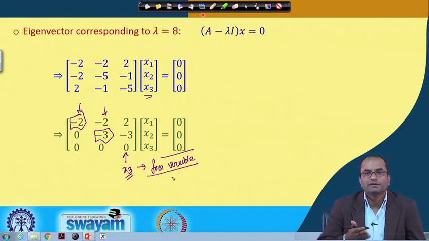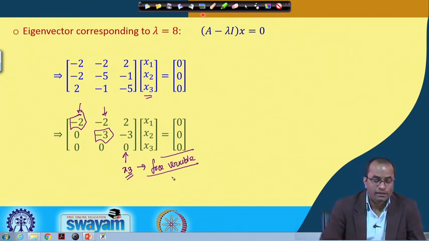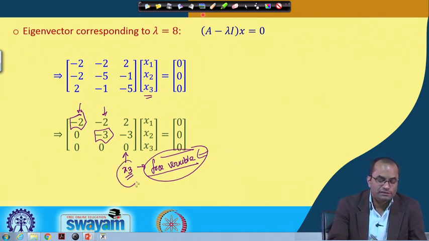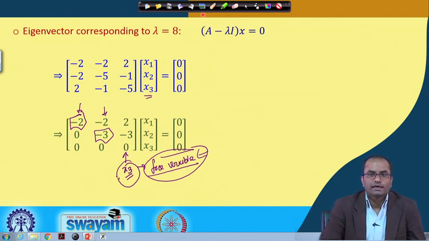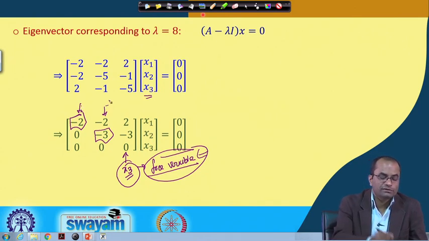The number of free variables tells us the number of linearly independent eigenvectors. So, we know in advance that there will be only one free variable. This x 3 is the free variable, which we can choose as alpha. Having that alpha, we can compute x 1 and x 2 in terms of alpha.